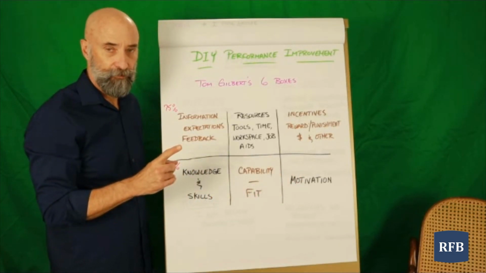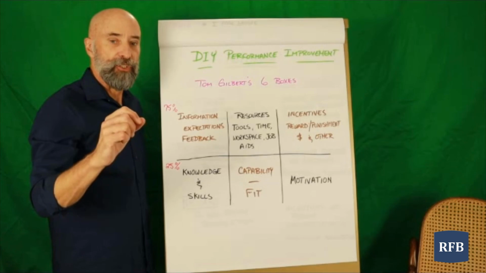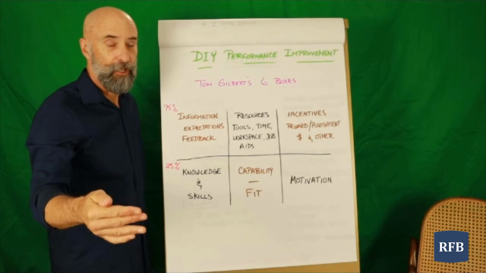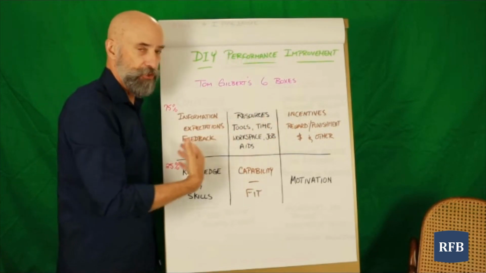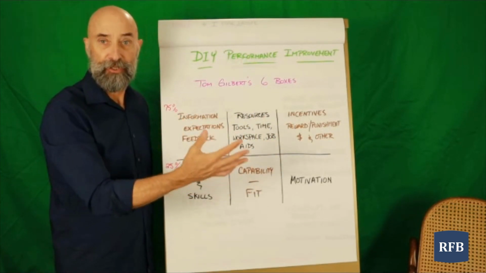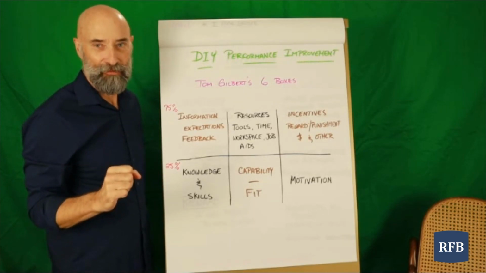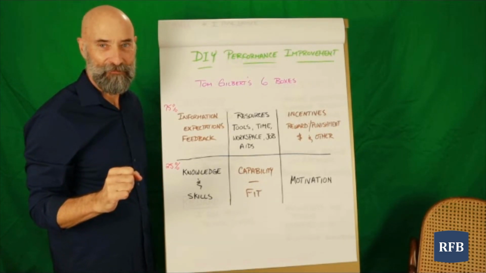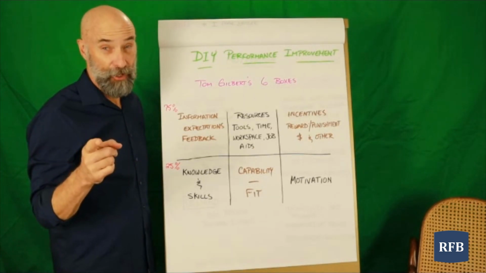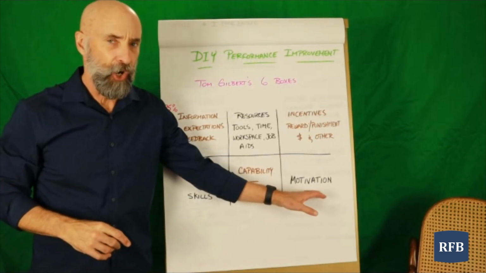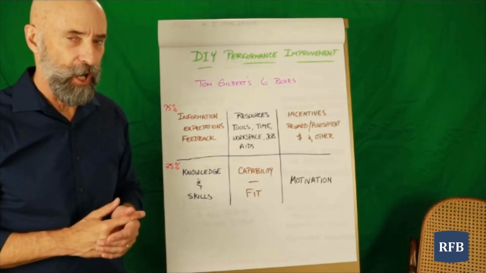Now, in just a moment, I'm going to give you a little bit more specifics for each of these areas so that you truly understand this and so that you can dig into it and do your own performance improvement analysis. Let's now, though, look particularly at motivation. This is the harder nut to crack for many people.